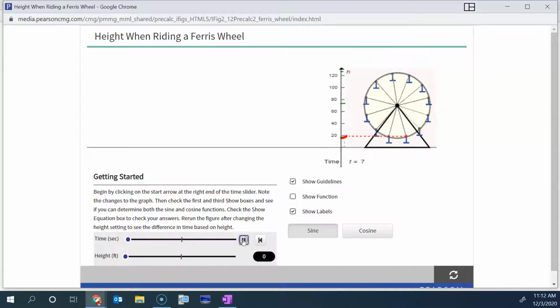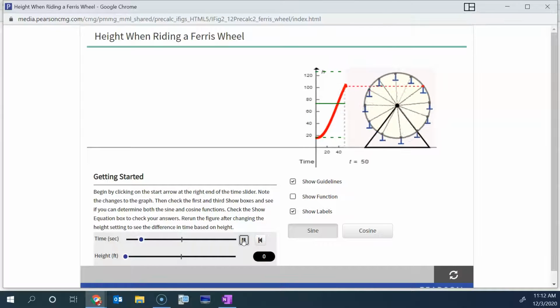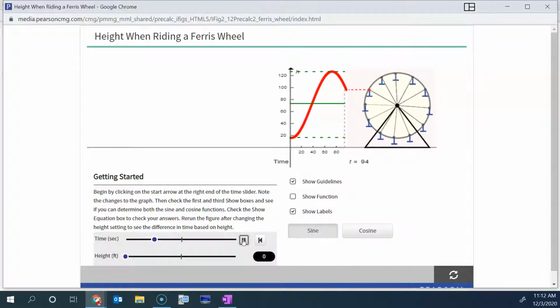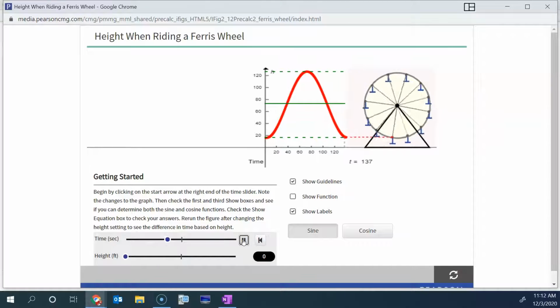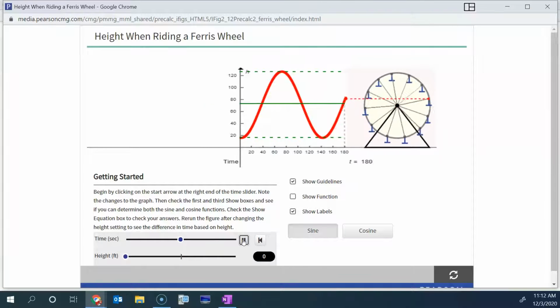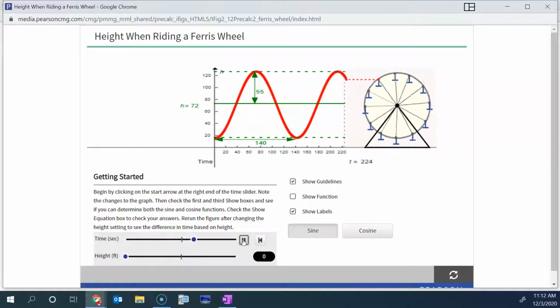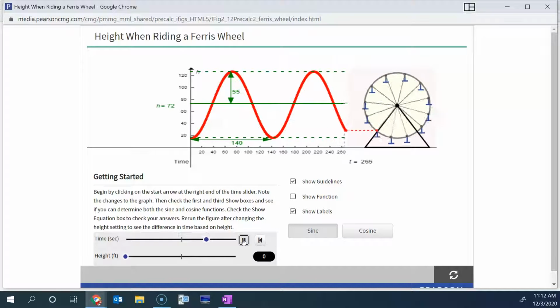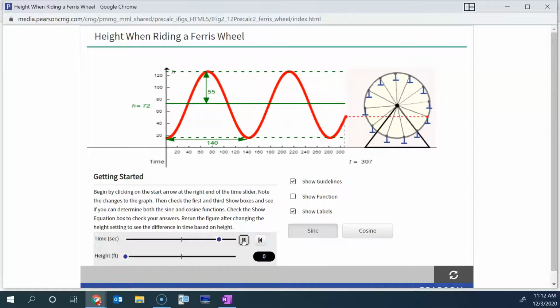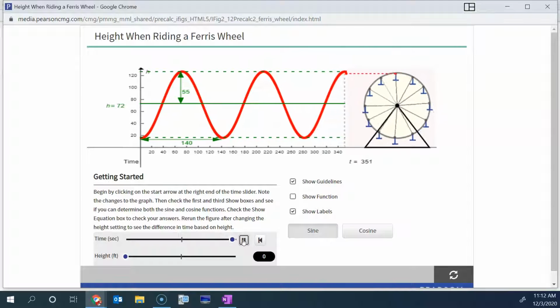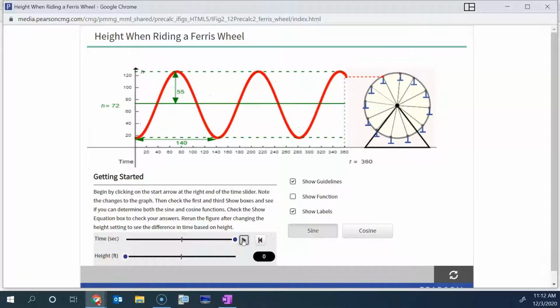Okay, and then hit time and let it run. So this is the sine function that's measuring your height above the ground as this thing rotates through 6 minutes. All right, so that's what that does.